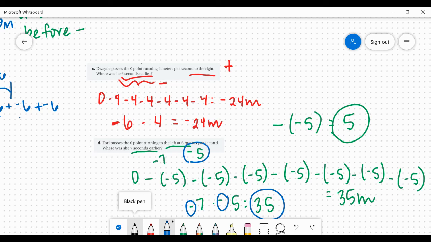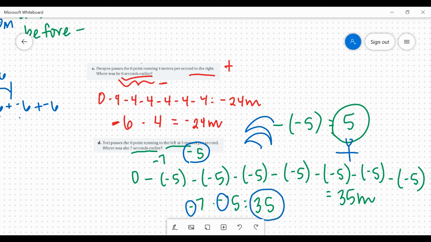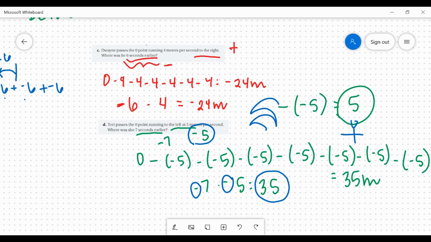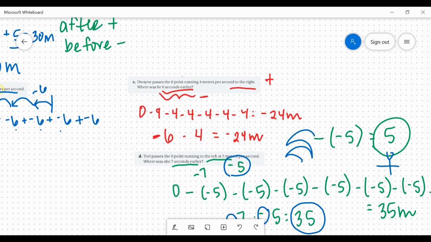So it's almost like we're going back and then forward, and then back and then forward. It's tricky to think of, but in this problem, we're able to start to visualize these runners going left and right about the 0 on our number line. So what I want you to think about is, in this problem, we had a negative times a negative equals a positive.